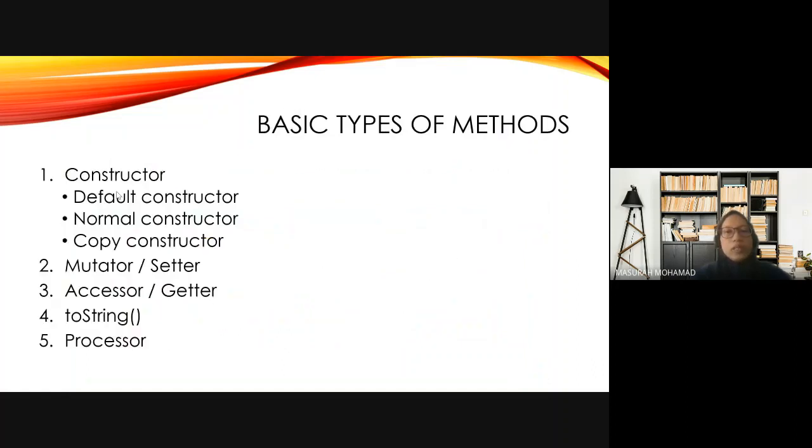Then if the question or the program asks you to write a constructor, you must know how to write default constructor, how to write normal. So each of these, constructor, method, accessor, toString and processor, has their own syntax, okay? So we will look one by one. Hari ni kita nak sentuh yang 1 hingga 5 ni je.